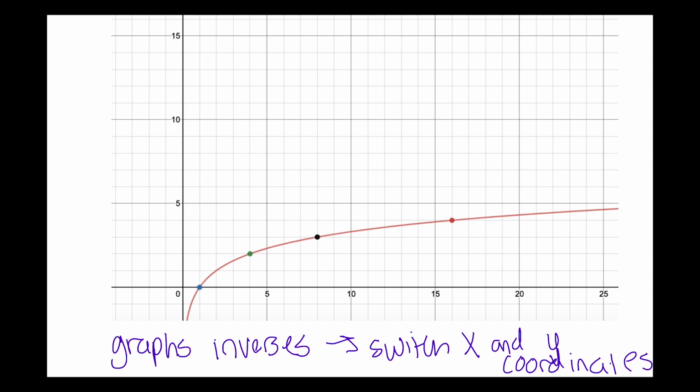So let's see the points that we have on our original logarithmic function. I have a point at 1, 0, 4, 2, 8, 3, and 16, 4. This can help you graph the exponential function.